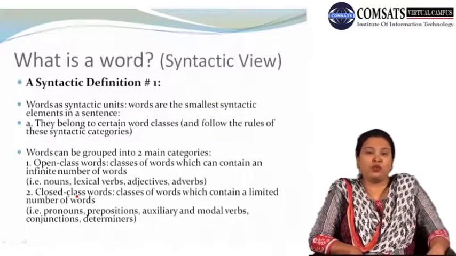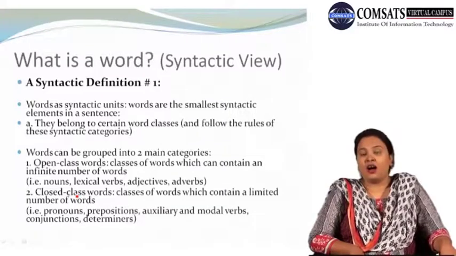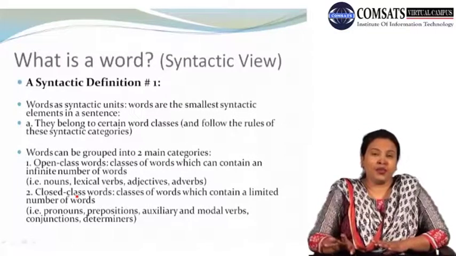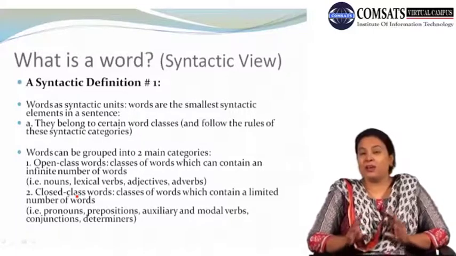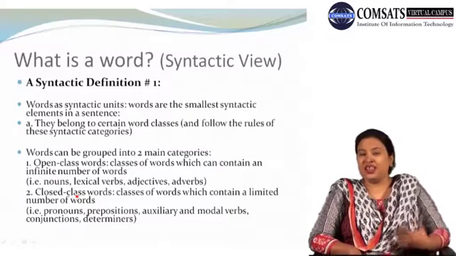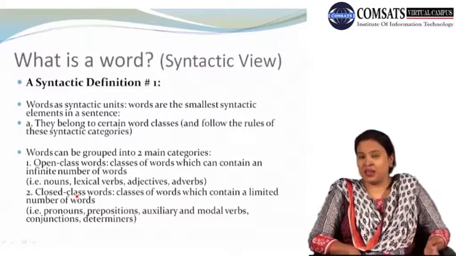For example, in the English language we have only three articles: a, an and the. So they are fixed. I'm putting a question mark on future possibility, because possibilities are always there. But up till the moment there is a fixed number of articles. So this is the closed class of words.